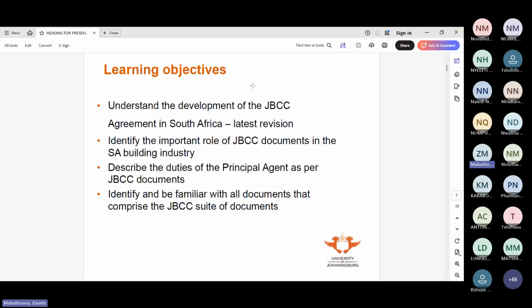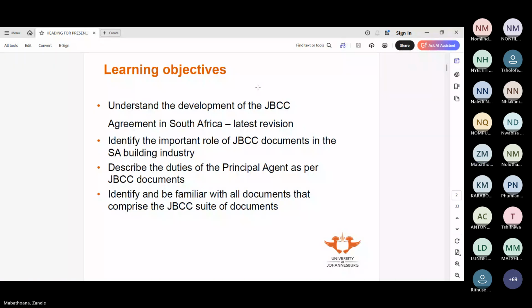Once you've done this with the class, you should be able to identify the important role of JBCC documents in the SA building industry and when they apply. I think somebody asked me, how do you know which contract to use? At the end of this, you should know when to use the JBCC, when it would be applicable and when not. Taraz, you have your hand up? And then you took it down.